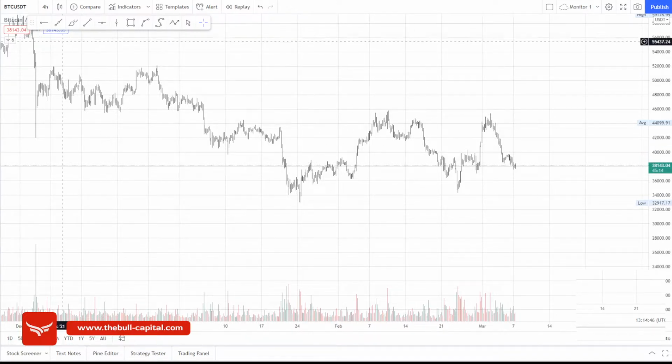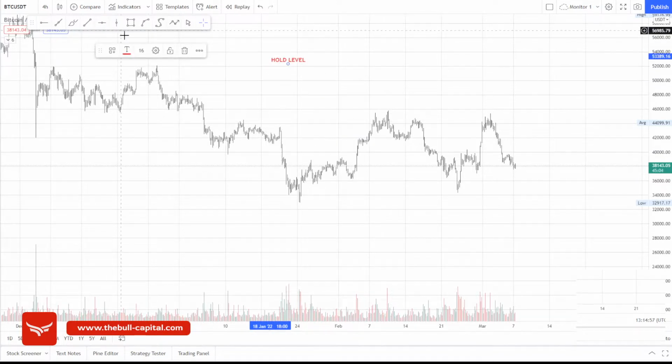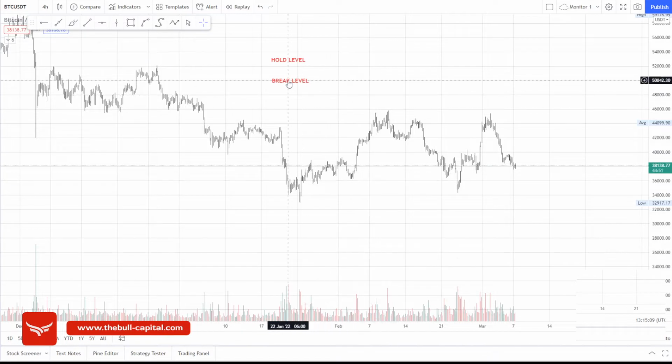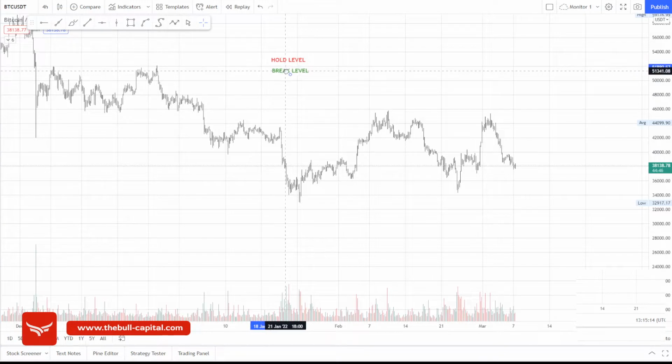Actually, I'm gonna write here: hold level and break level. We have these two types of levels. What actually they are, let's see.